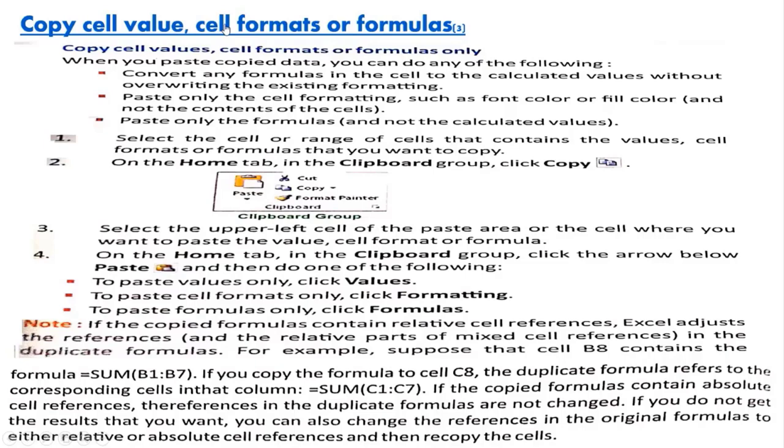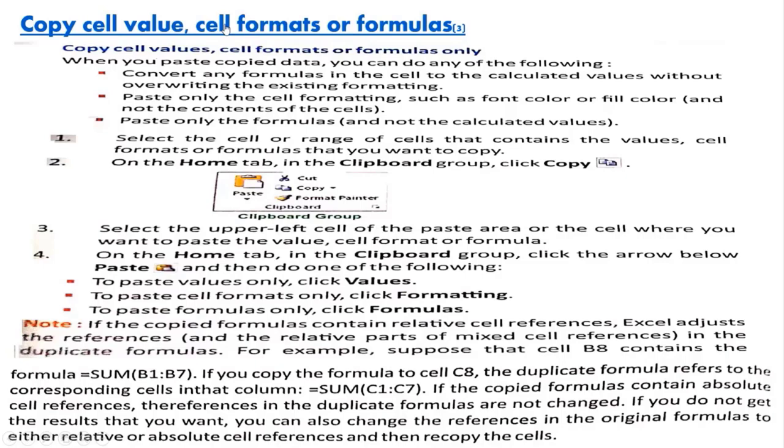First, convert any values in the cell to the calculated value without overwriting. Second, paste only the cell formatting. Cell formatting means font color or fill color. Next, we have to paste only the formula, not the calculated value. That you have to keep in your mind.